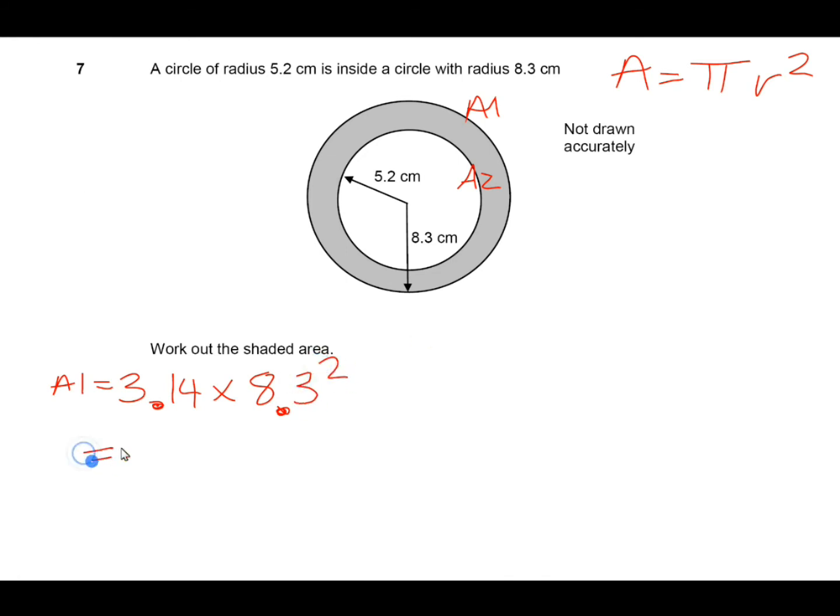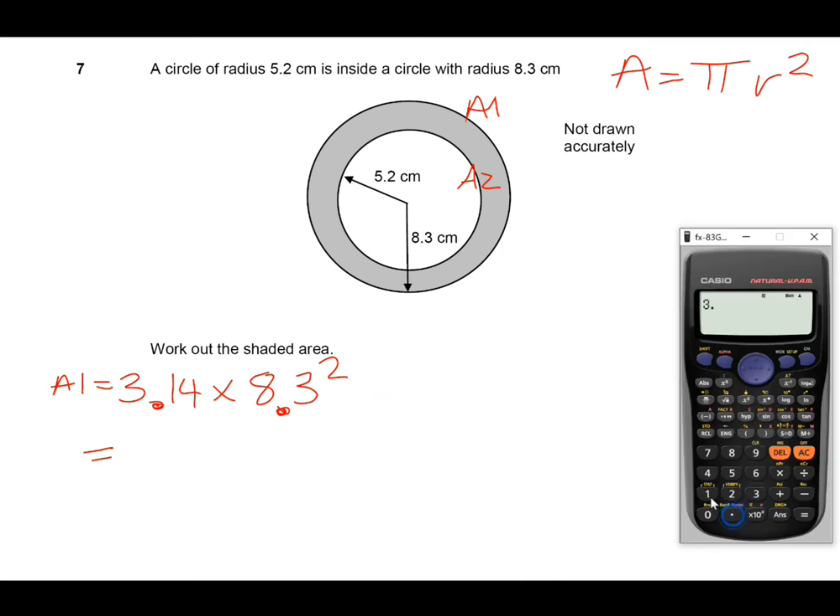Now we can just stick that in our calculator, let the calculator do the work. See how I've put it all in one go? 3.14 times 8.3 squared. The calculator knows BIDMAS, so it will do the calculation for us. And we end up with 216.3146. So let's put the correct answer down, the whole number down.